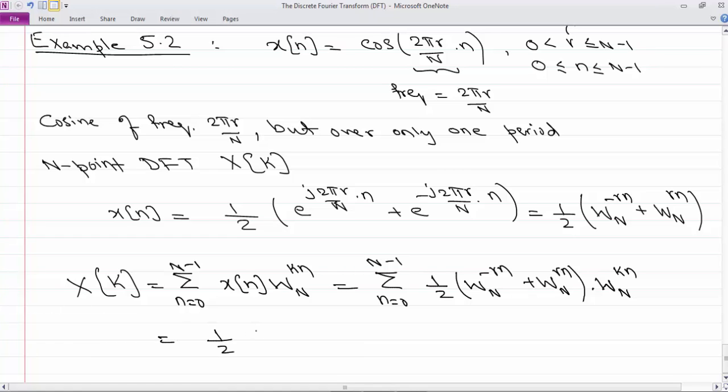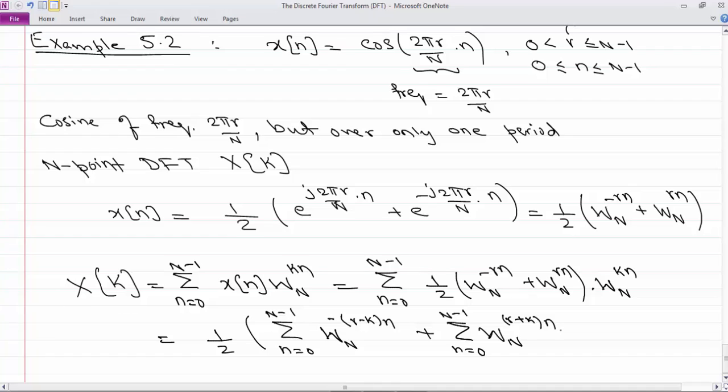And so the 1/2 comes out, and I'm going to write the two summations separately. It's n from 0 to N minus 1. Since these are exponents, I just get W_N to the power of minus r minus k, times n, plus the summation of n from 0 to N minus 1 of W_N to the power r plus k, times n.